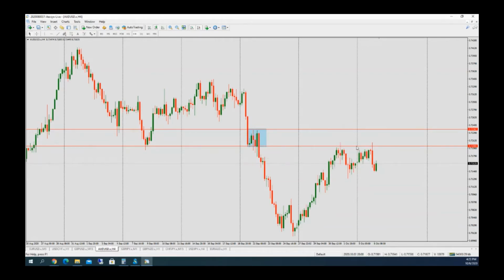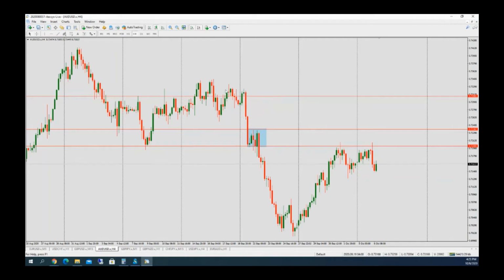Then what we now consider a resistance here was originally supply, which we can see here on the left. Above, we have another supply that the price hasn't visited since it was created.